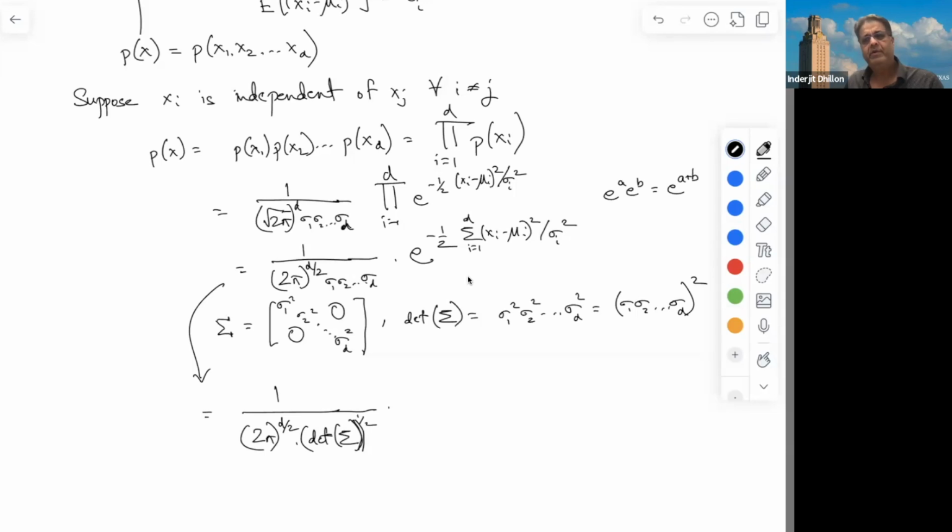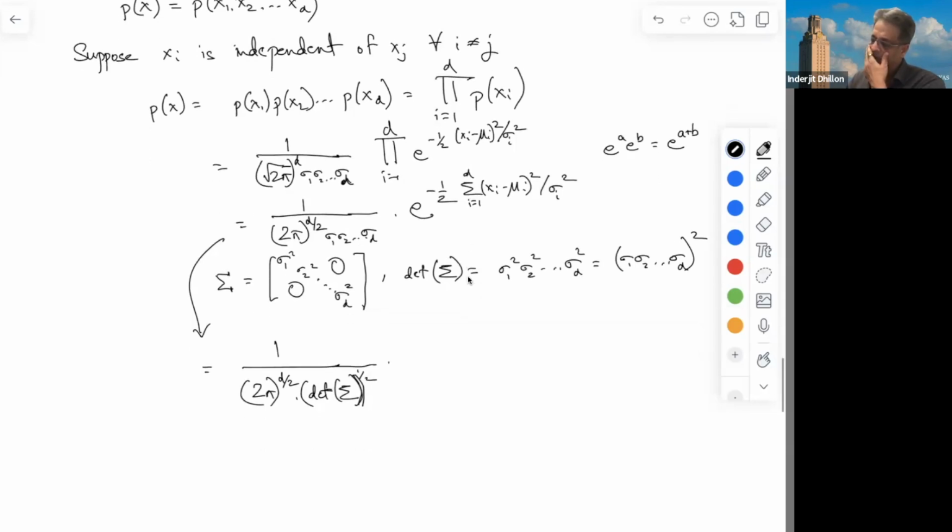Is that clear? Okay, and now what about this term over here? This term here, xi minus mu i squared divided by sigma squared.